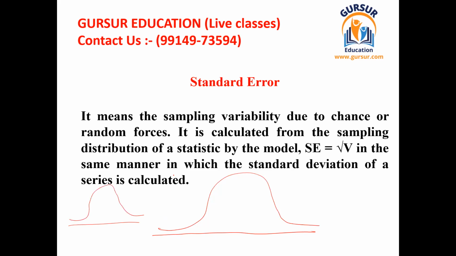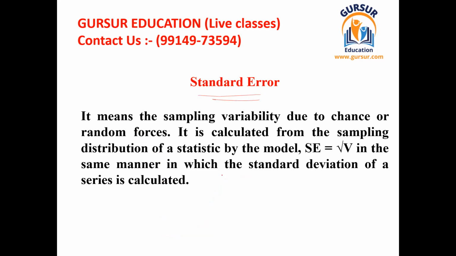When you try to find its standard error, it will not be called standard deviation, that will be known as standard error. The formula is the same. When you take the under root of variance, this will be standard error. The same in the case of population parameter, when you find the under root of variance, that will be your standard deviation.